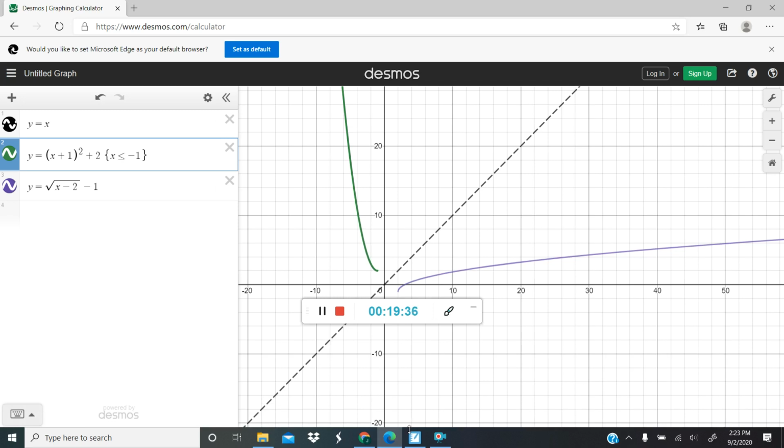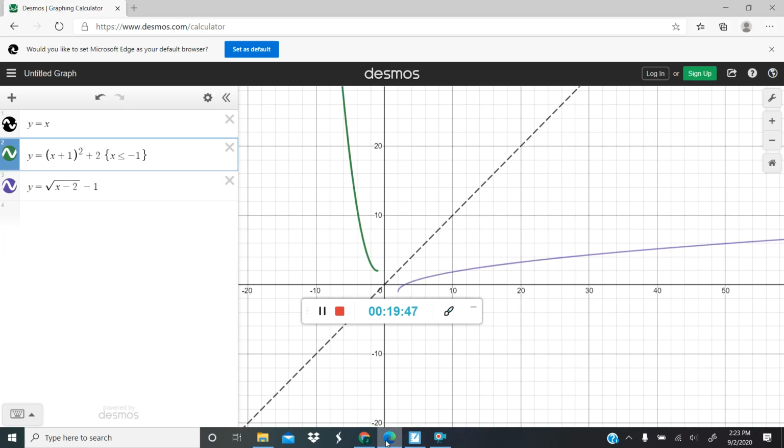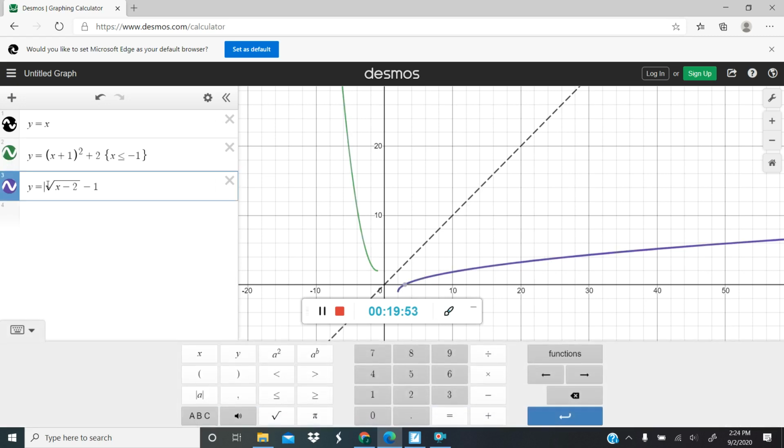Then whenever we did this step right here where we took the square root and I told you guys we would wait and see about what sign to put out front, basically if it had been less than, then when we graphed it, you would be able to tell it's not an exact reflection. So you can go back and just add a negative in front of your square root.